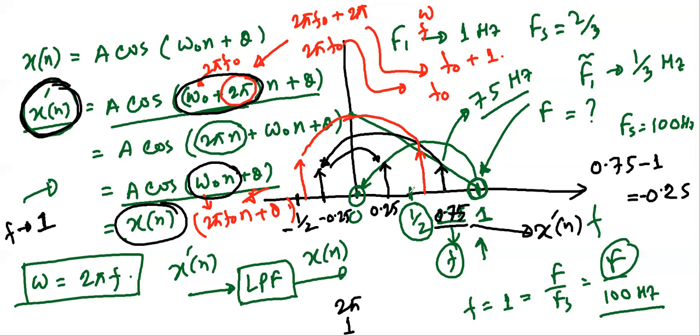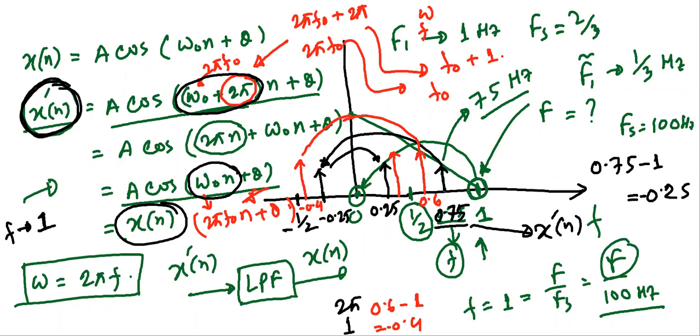Let's take any value. This is half, so this is 0.6. If that is 0.6, then 0.6 minus 1 is minus 0.4. And minus 0.4 will be shifted where? It is exactly at the location of plus 0.4.